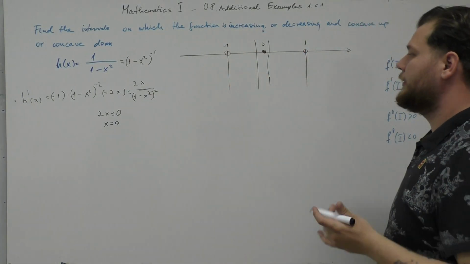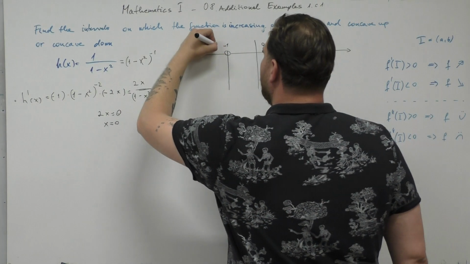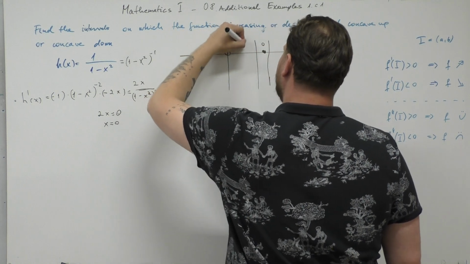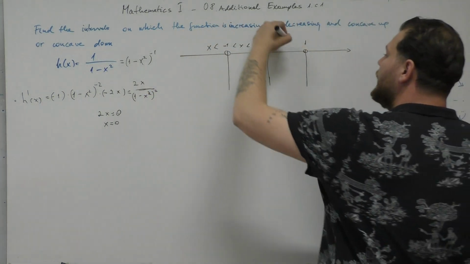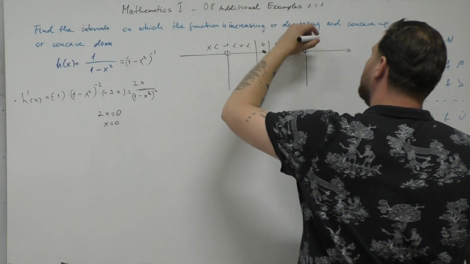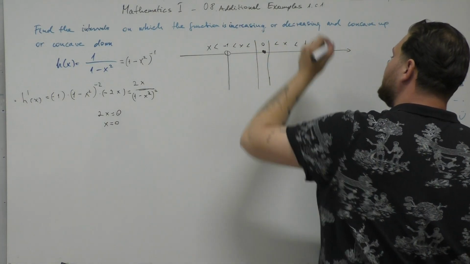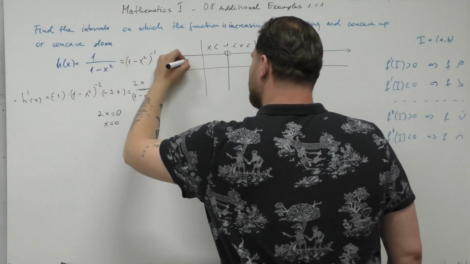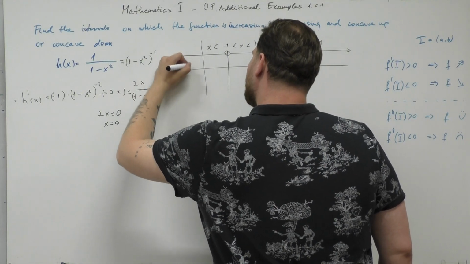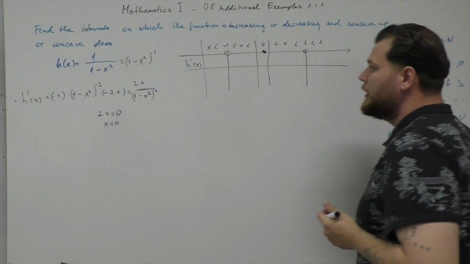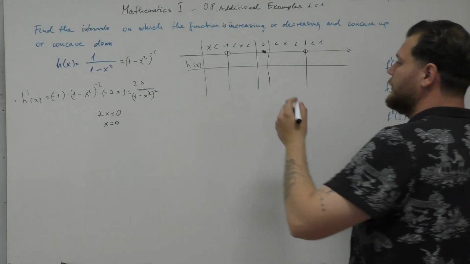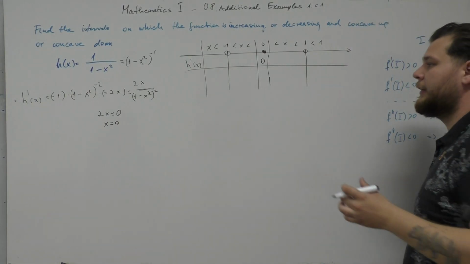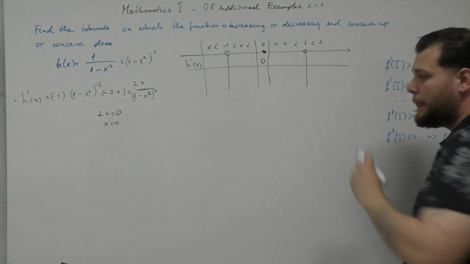Now we got intervals like x smaller than -1, x between -1 and 0, x between 0 and 1, and x is greater than 1. Now we know that at 0 the first derivative function is 0, and we have to find the signs on these intervals.